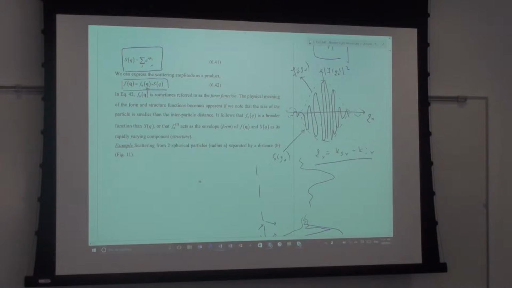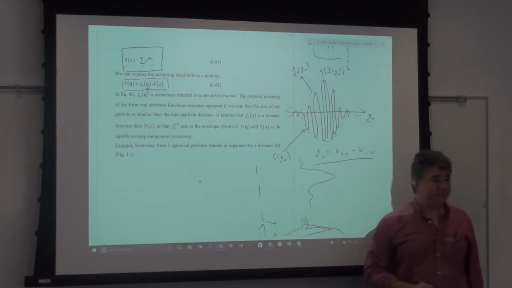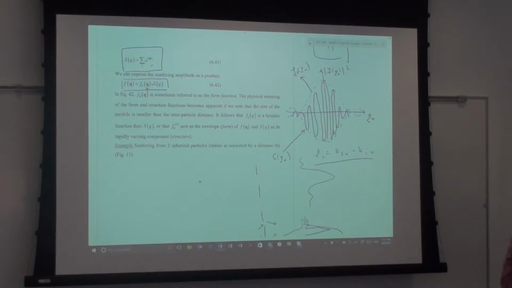Why do I know F naught is smoother or broader than the other one? It's a single particle, and so it's small in the spatial domain, because broad in the frequency. Exactly. And then how do I know that this is finer than that? Because it's a more macroscopic thing.